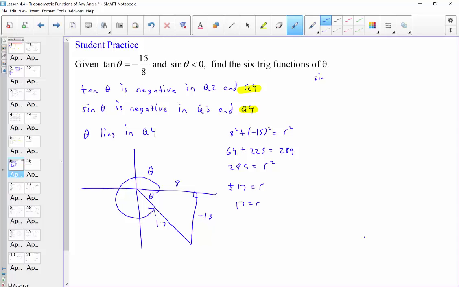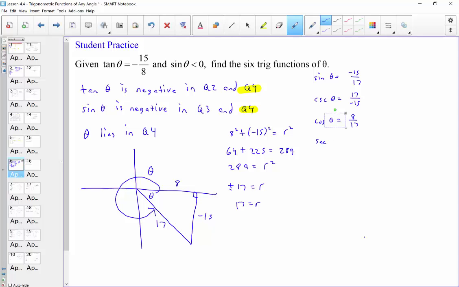We know that the sine of theta equals the opposite side, negative 15, over the hypotenuse, 17. Cosecant of theta equals the hypotenuse, 17, over the opposite side, negative 15. Cosine of theta equals the adjacent side, 8, over the hypotenuse, 17.